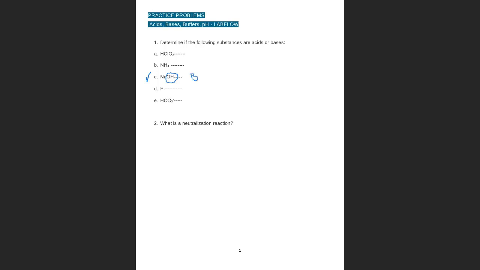And now let's look at the next one. What is the next one? It's an acid? Yes, exactly. Thank you. This is a base. This is harder to recognize because we don't see the OH.